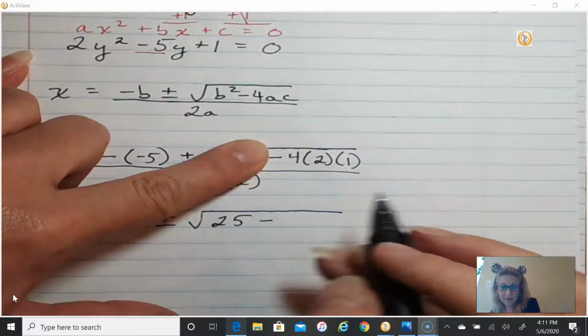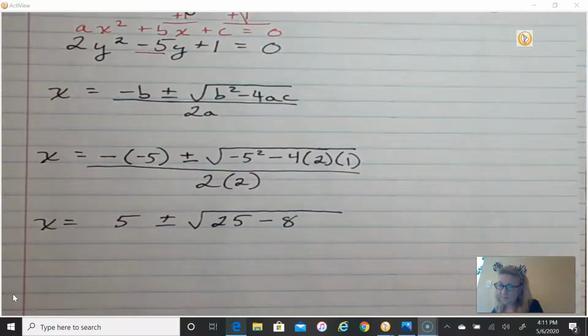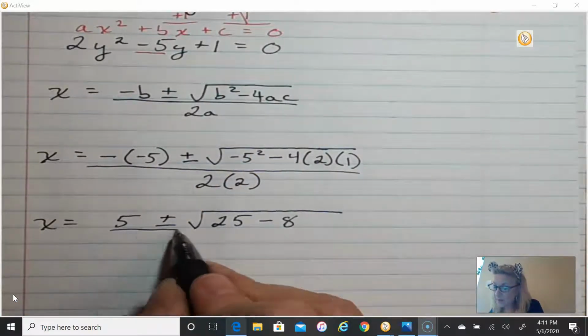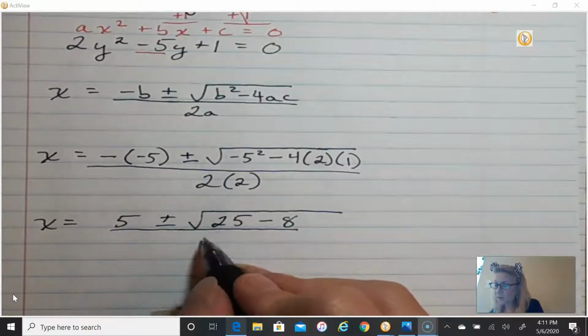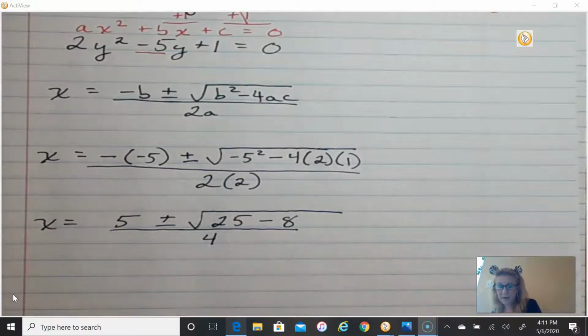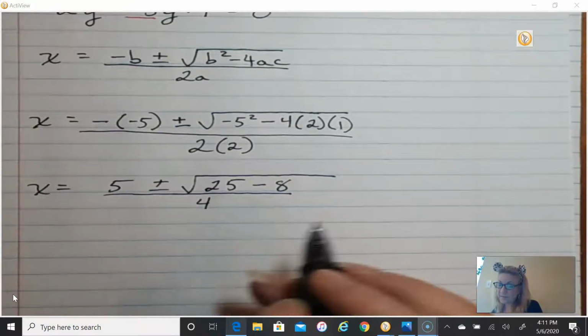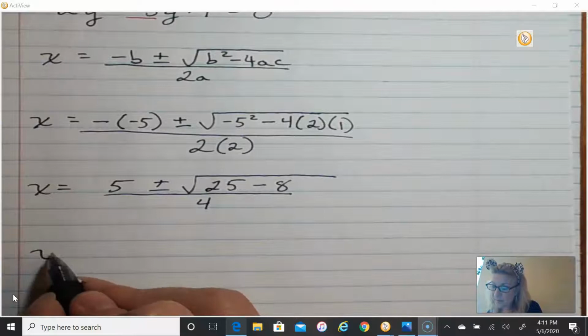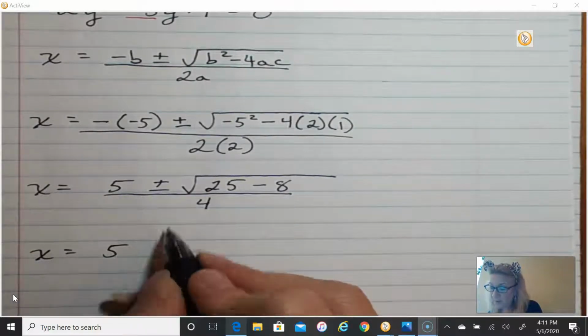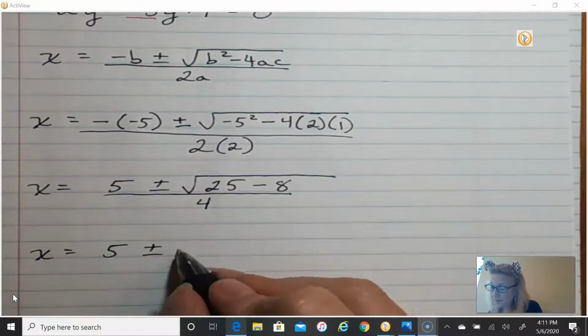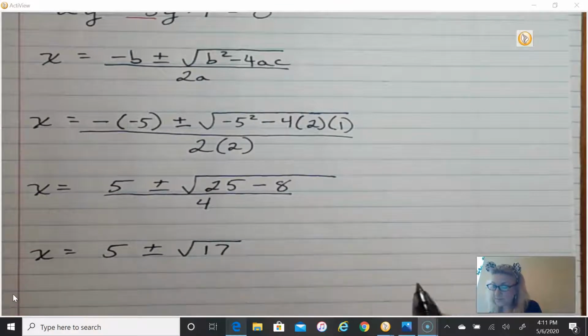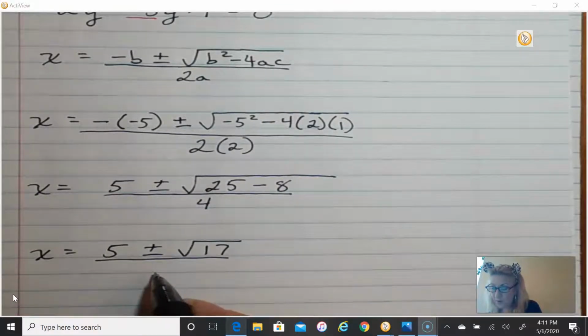Times 1? Negative 8. And then 2 times 2 is 4. Okay, so we keep working. What's 25 minus 8? x equals 5 plus or minus the square root of 17, all over 4.